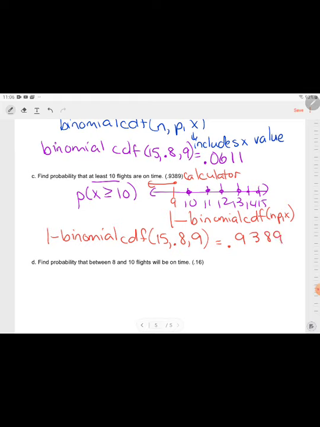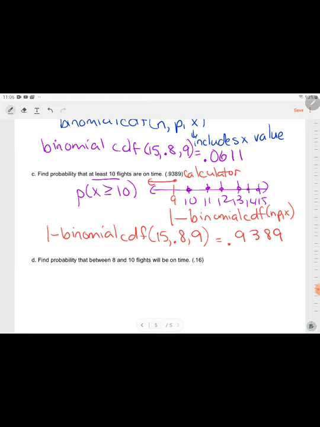Okay, so we can do a less than or equal to, and the calculator answer gives us that. To do anything to the right, greater than or equal to, at least, if we want to go to the right, we have to do 1 minus whatever value would give us to the left. And then here, this is in between.